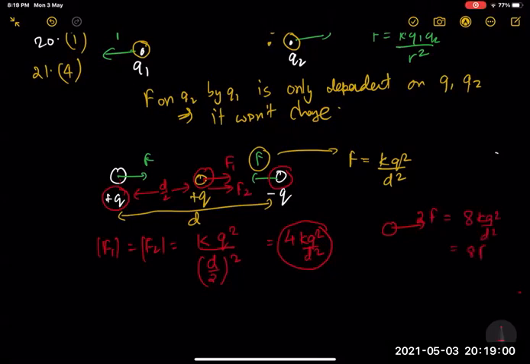That is equal to 8F, right? Correct. And it is in the same direction as the, one second. 8F towards which one? Towards minus q. Fine. The answer for 22 is 3.